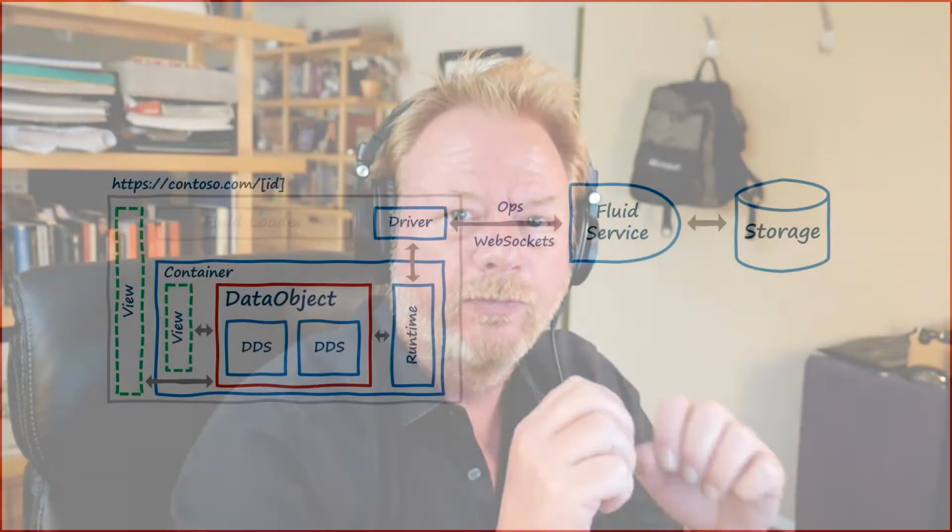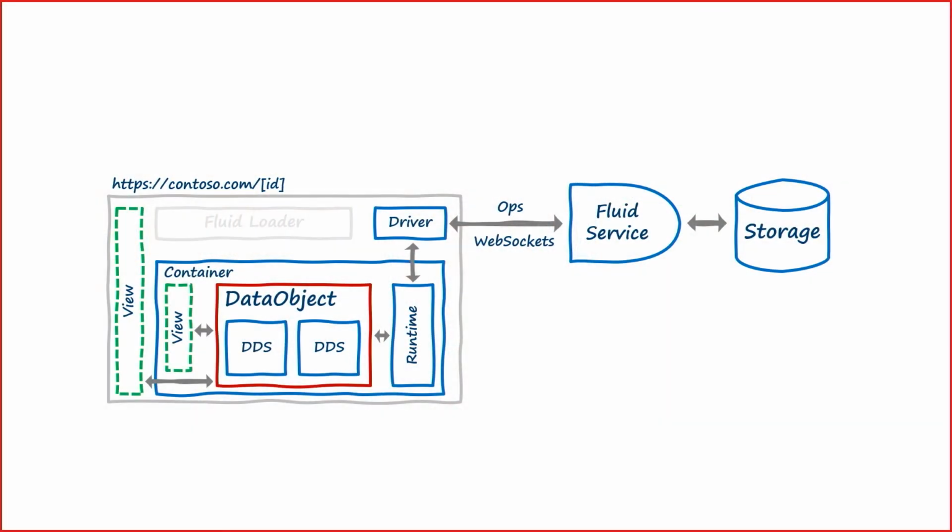And then the runtime receives ops, and the runtime's job is to make sure that it keeps all of the DDSs in sync. And so, as we've already mentioned, the role of the service here is very simple. All it does is take all those incoming ops, order those operations, and then broadcast them to all the clients with that sequence, so that the runtime is able to produce the same exact DDSs in every single client.